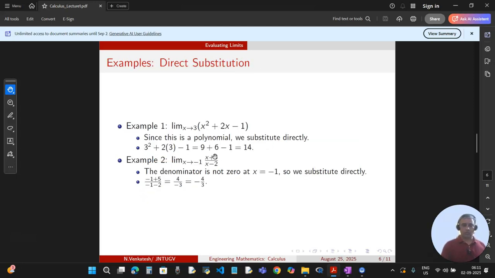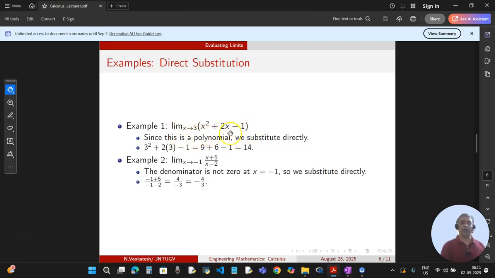So now with the direct substitution here, x square plus 2x plus 1, we need to find out a limit when x tends to 3. And here f of 3 is defined because 3 square plus 2 into 3 minus 1 is defined.